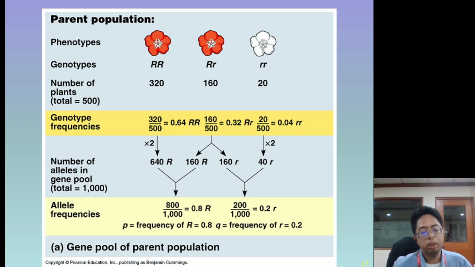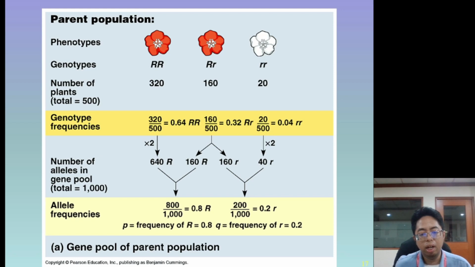In terms of genotype frequencies, how many do we have? 320 over 500, so you get 0.64. Big R, small r, you have 160, so it is 0.32. And small r small r is 0.04, which is 20 over 500. Then we count the number of alleles.